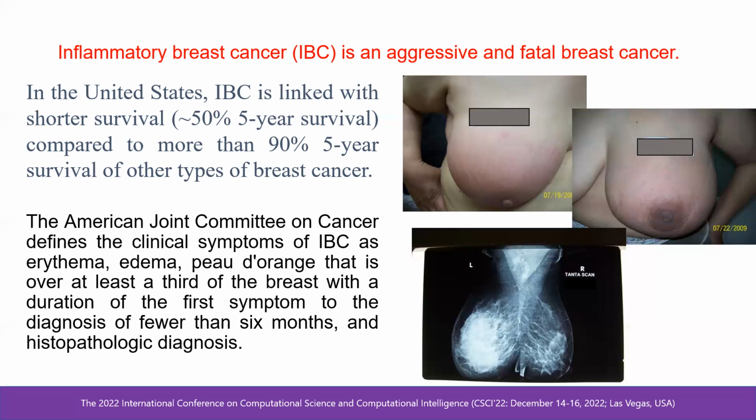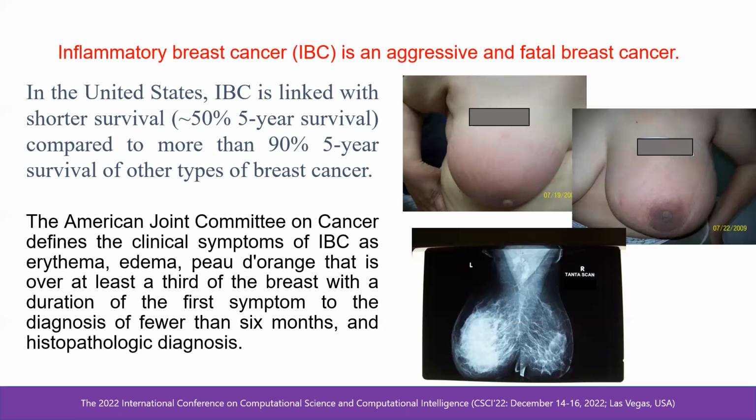Many IBC patients have symptoms that are different from the restrictive AJCC criteria. They may have no visible redness, less than 1/3 of the breast, or redness but no peau d'orange or edema.